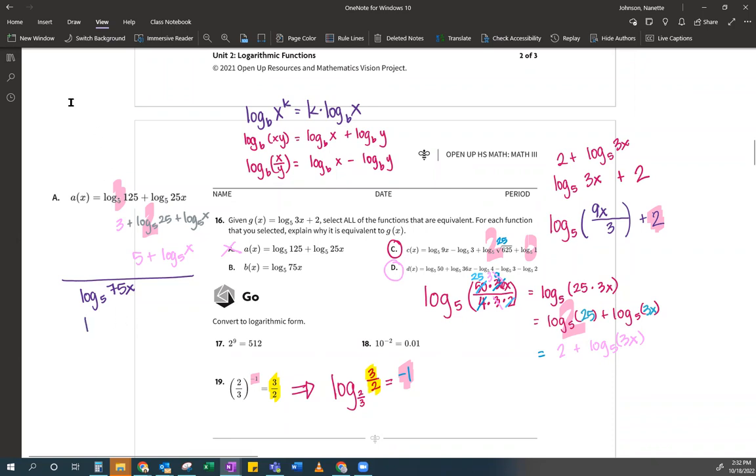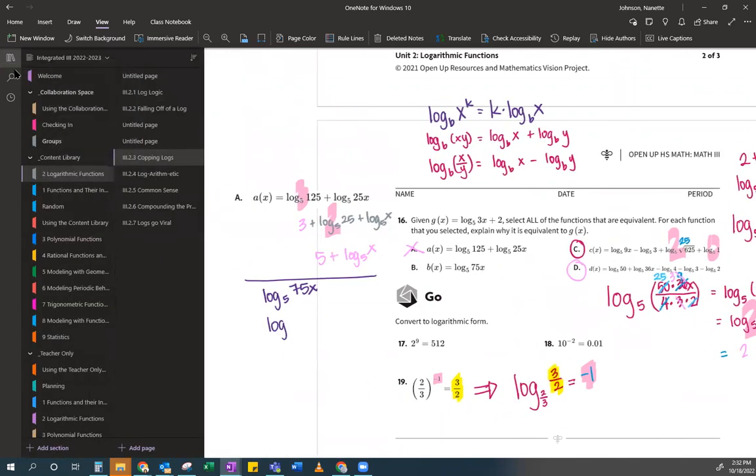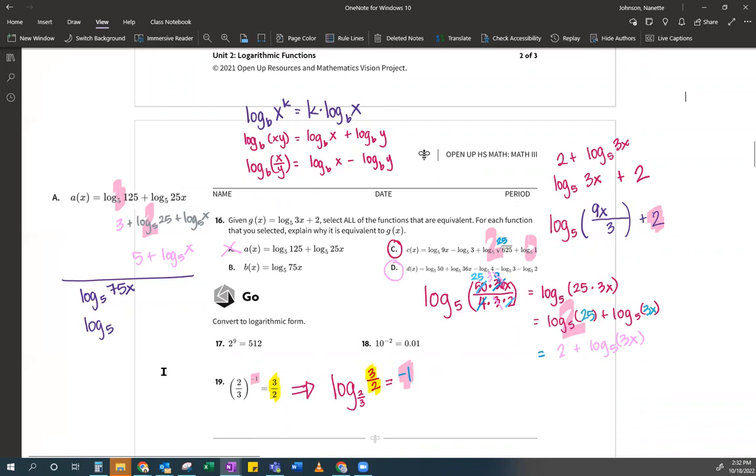And because I have 25 times something, I'm going to use this property here. And Shanta, you keep using this property. So then I'm going to go with log base 5 of 25 plus log base 5 of 3x.